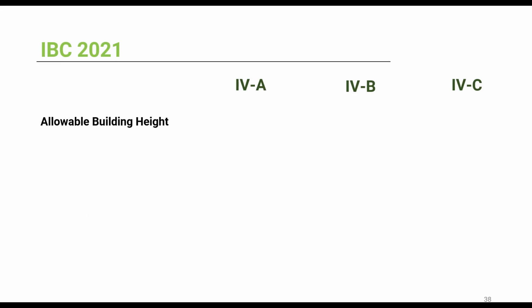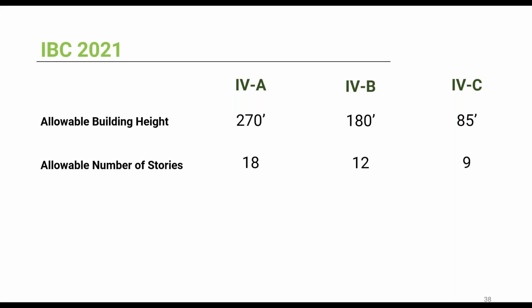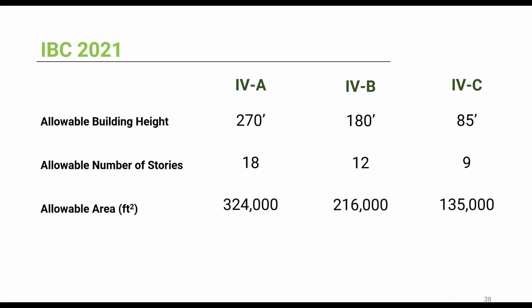So for a type B occupancy, type 4A allows a building height up to 270 feet, or approximately 18 stories. And then you can see for type B and C, the story numbers can be a maximum of 12 and 9. And the areas are listed here from larger to lower.